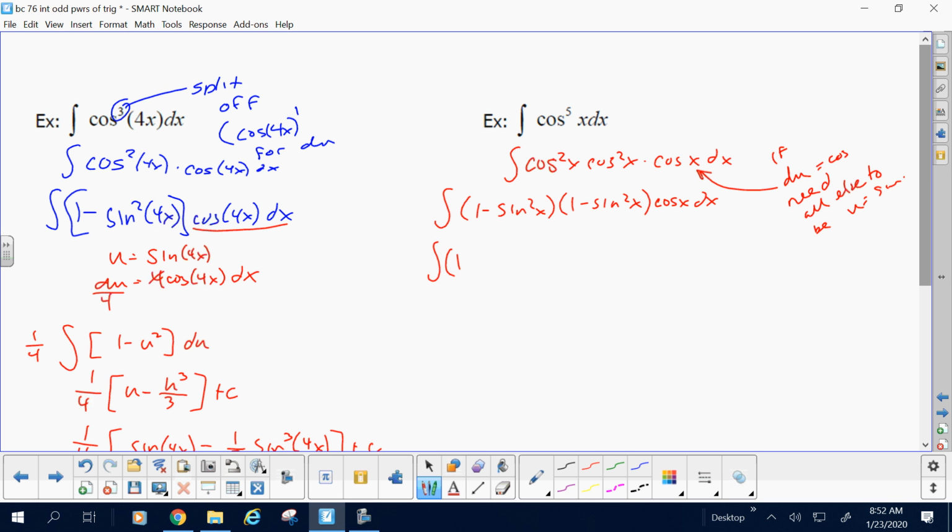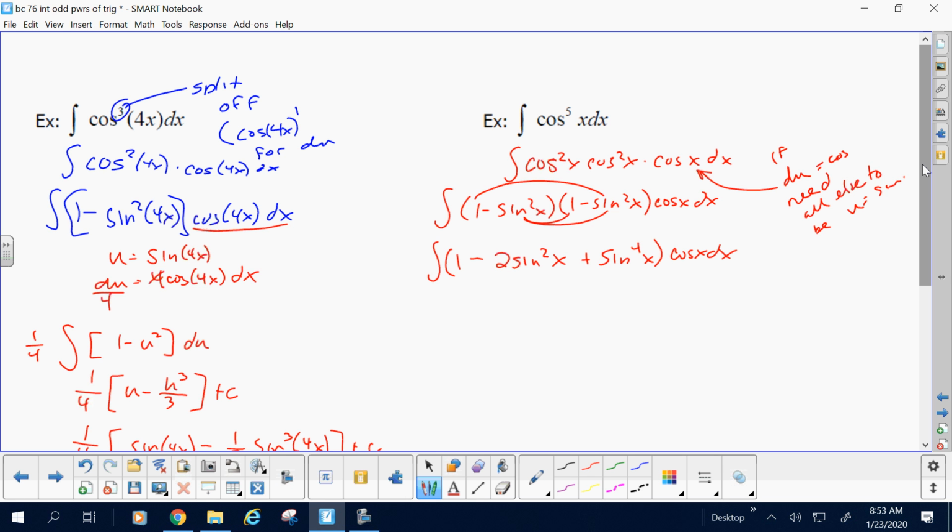Outer is negative sine squared. Inner is negative sine squared. So the oi is negative 2 sine squared, and the last is plus sine to the 4th. We first, outer, inner, last. Taught all throughout America, not just in our school.